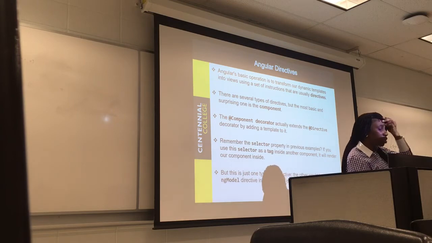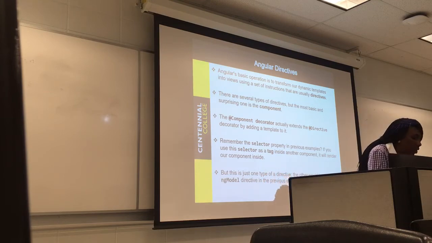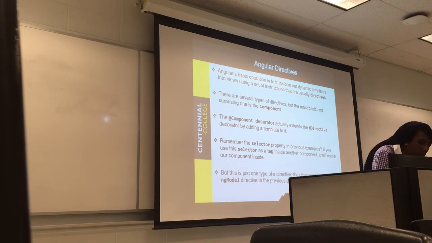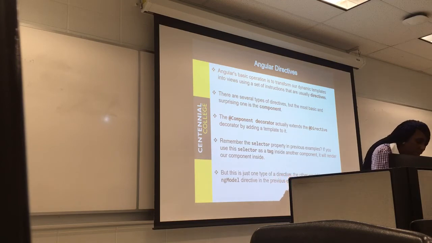So directives translate the templates into your views, right? There are several types of directives, but the basic one that we'll be looking at is the component. So we have the @Component decorator, which extends the directive decorator by adding a template to it. And we also have the selector property.